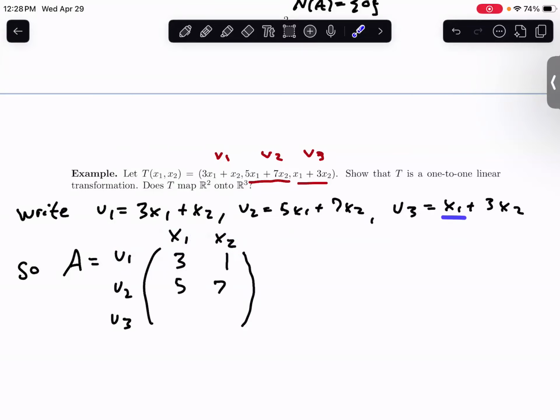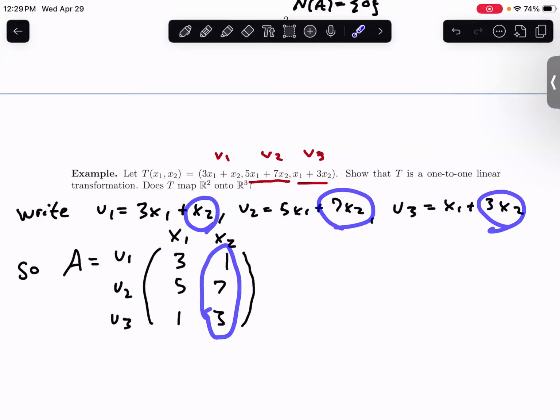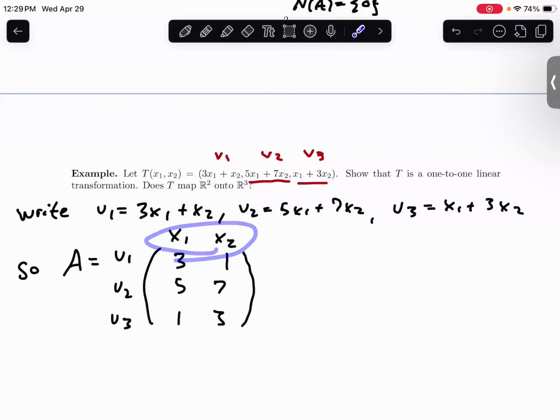And this one is going to be 1 times x1 plus 3 times x2. So that's one way of thinking about it. You can also think we have 3 times x1, 5 times x1, and 1 times x1 gives you these numbers right here, and then 1 times x2 plus 7 times x2 plus 3 times x2 gives you these numbers. So it's like the weights corresponding to these vectors.